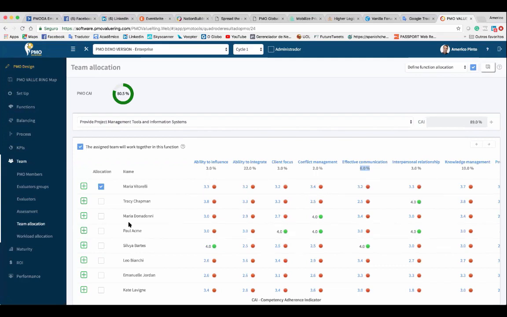So the workload is how much time they will spend providing this function. Why is it important? It's because that's the way that you will try to estimate the number of members, the number of people that you need at your PMO, okay? And how can you do that? Look, I'm gonna show you right now.